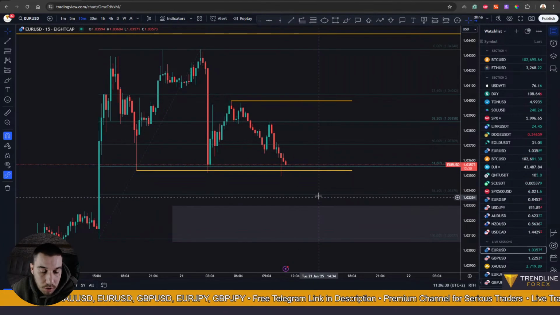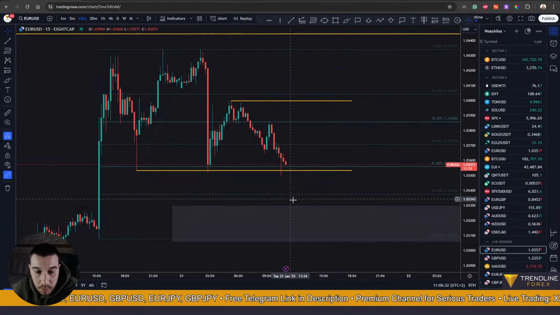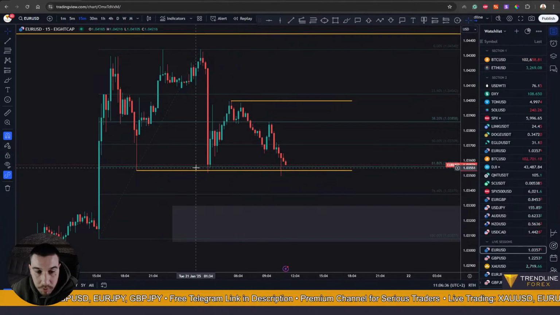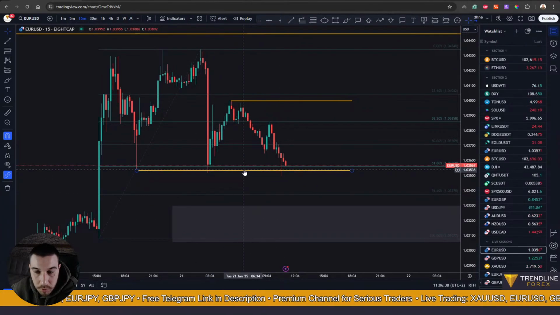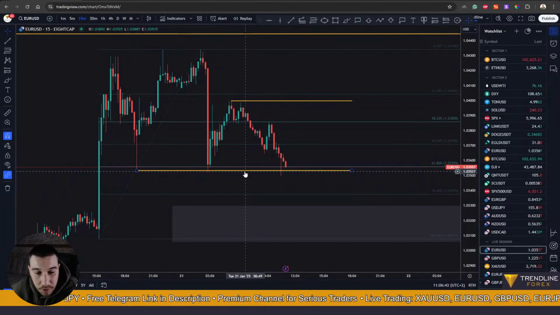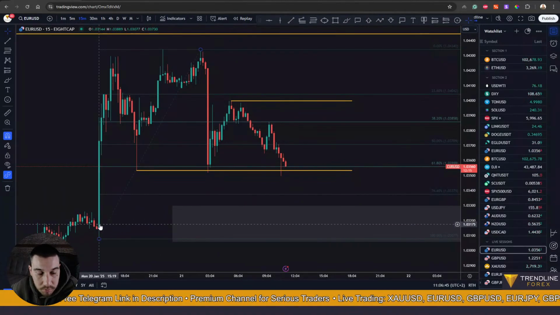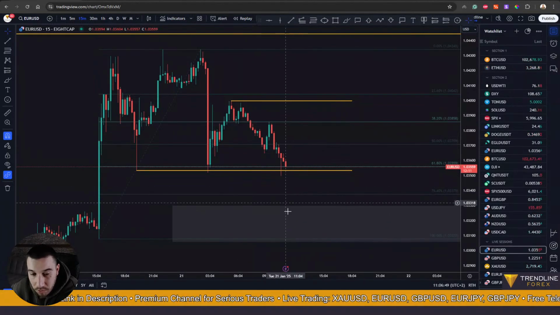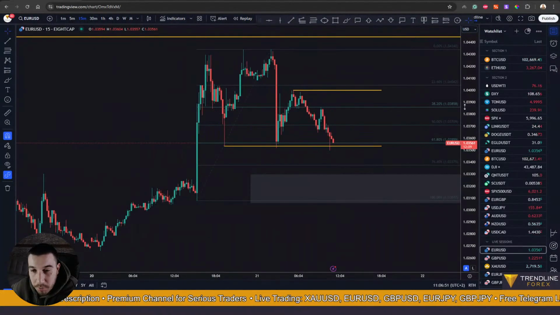So if I manage to get into a trade anywhere within this zone, just below the horizontal level, so just below 1.0350, 1.0352, 1.0353, and anywhere above 1.0315, if I manage to get into a long trade down here, I'm going to be looking for targets at previous highs, right?